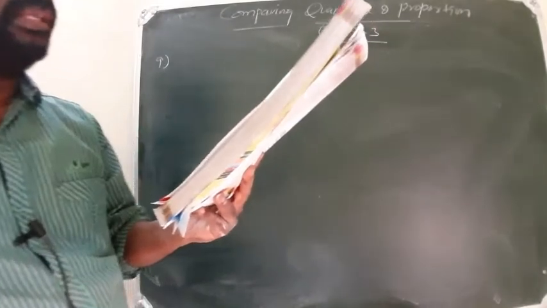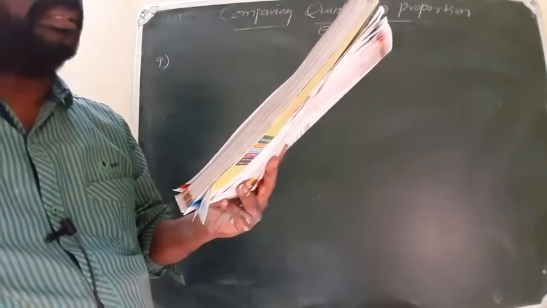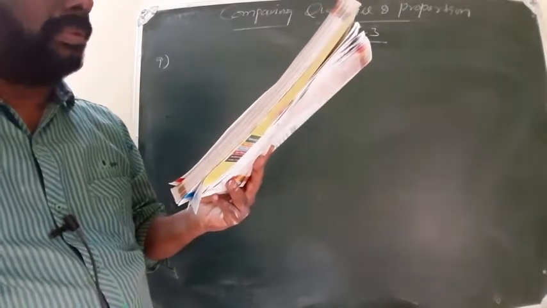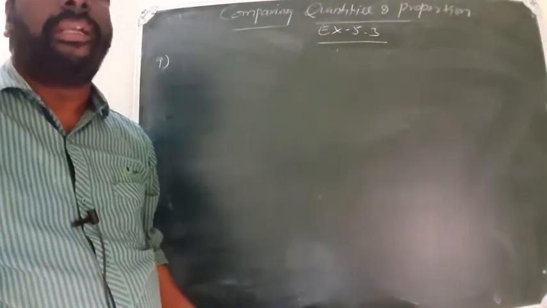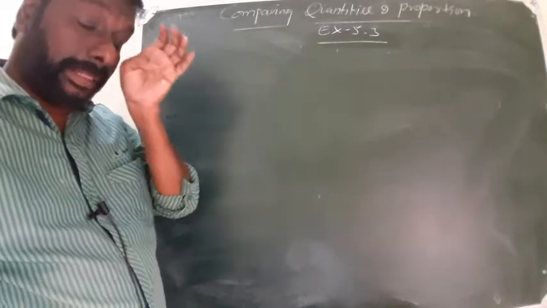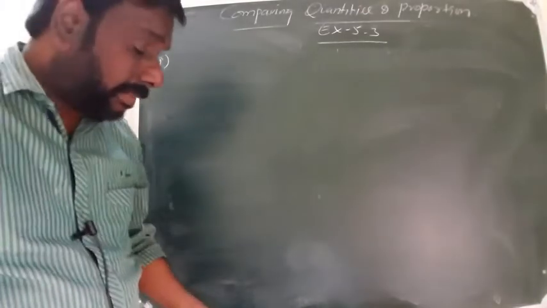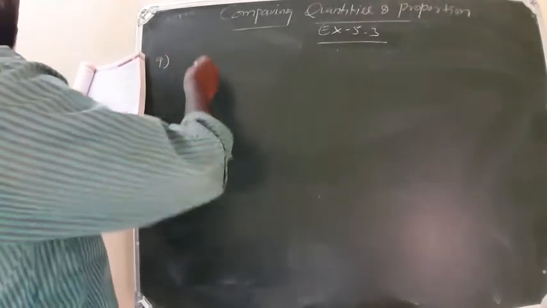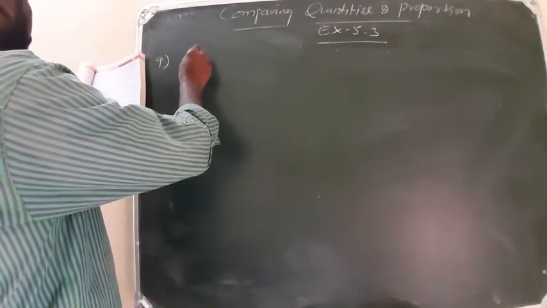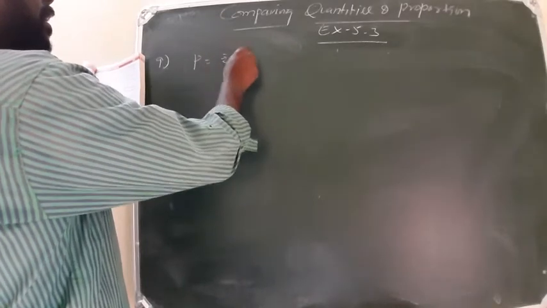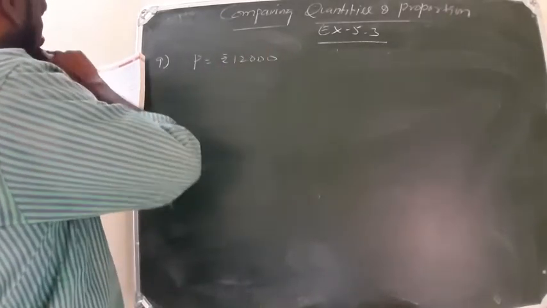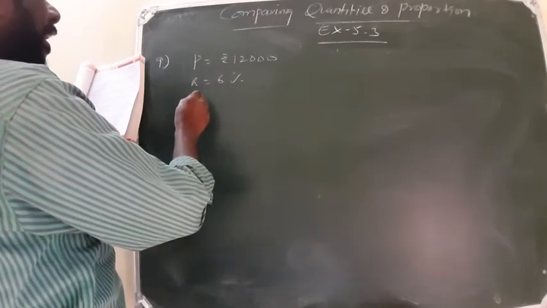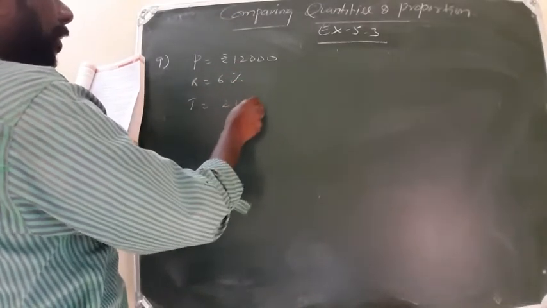So you have to find the amount in simple interest as well as in compound interest. Then find the difference amount. Here principal is rupees 12,000, rate is 6%, time is 2 years.